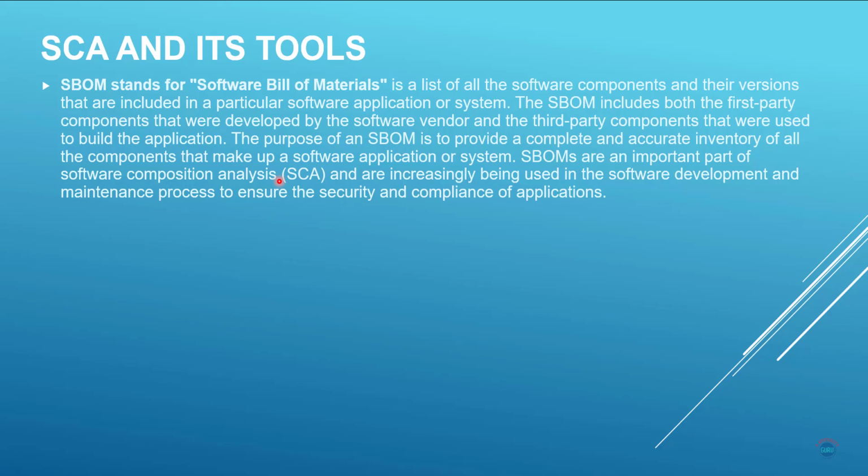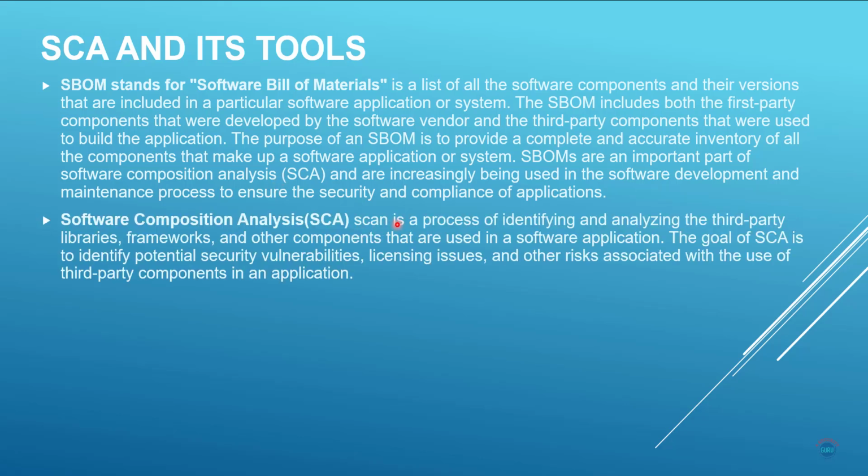Now let's see what is SCA. SCA helps us to identify security vulnerabilities in third-party libraries or frameworks. So it means that SCA scans find security vulnerabilities in third-party libraries. SCA scan will provide us a list of vulnerabilities including license issues in the third-party component.